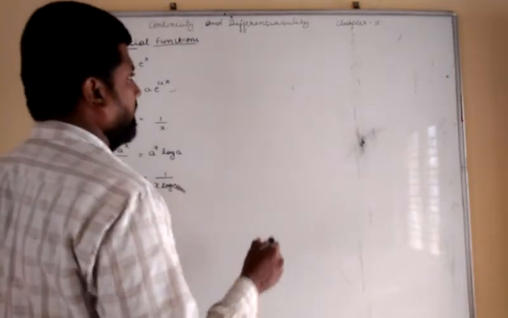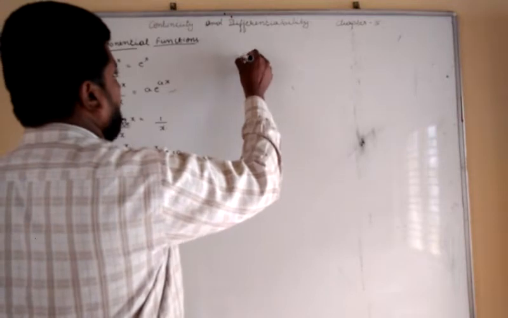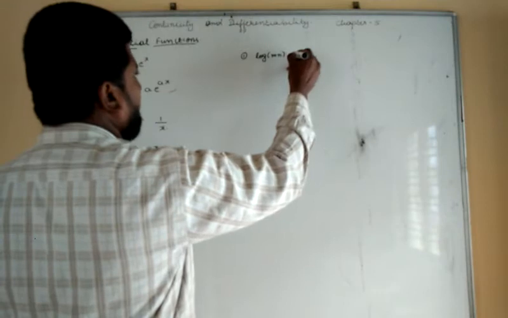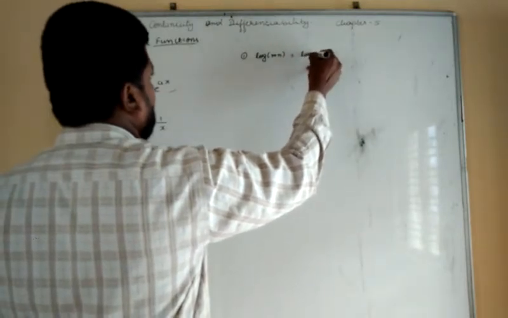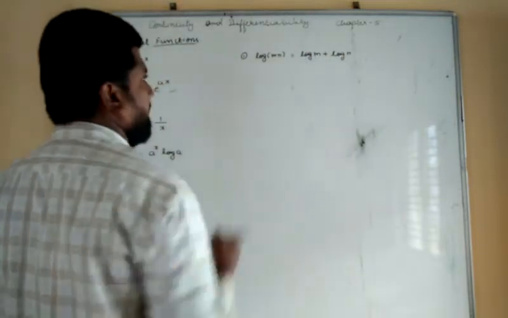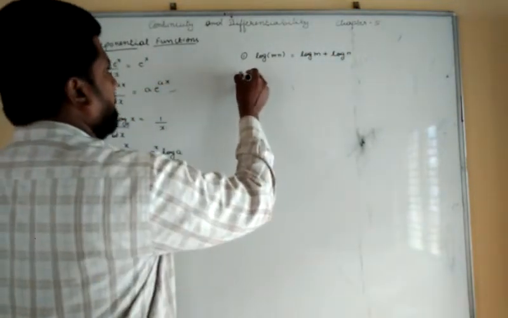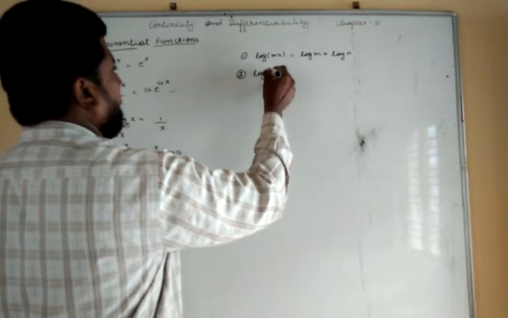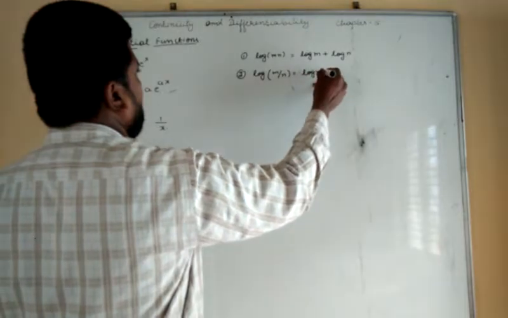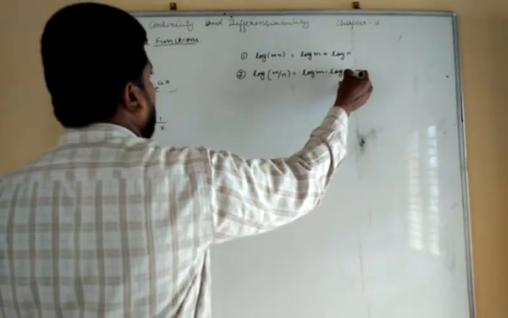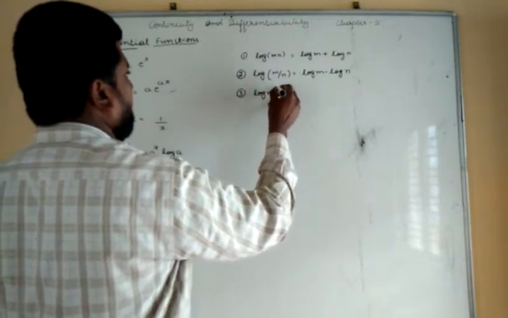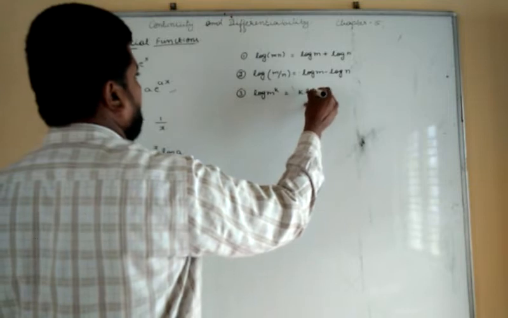Then laws of logarithms. The first law is log of m into n is equal to log m plus log n. Here nothing is written, which means the base is e. Then log of m by n means log m minus log n. Next, log of m to the power of k means k log m.